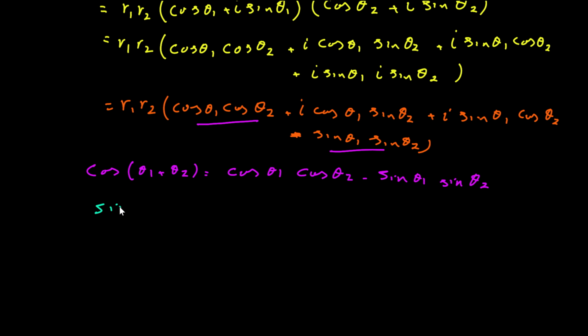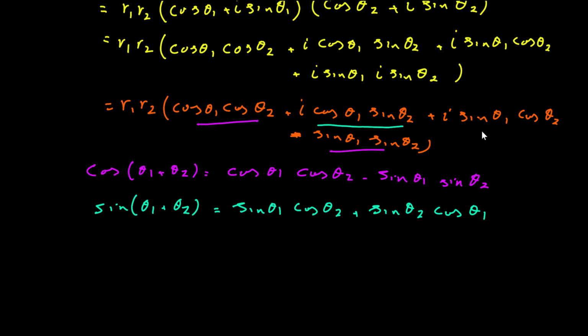Sine of theta 1 plus theta 2 is equal to sine of theta 1, cosine of theta 2, plus sine of theta 2, cosine of theta 1. That's basically what I have here. So these two terms are going to be this identity.